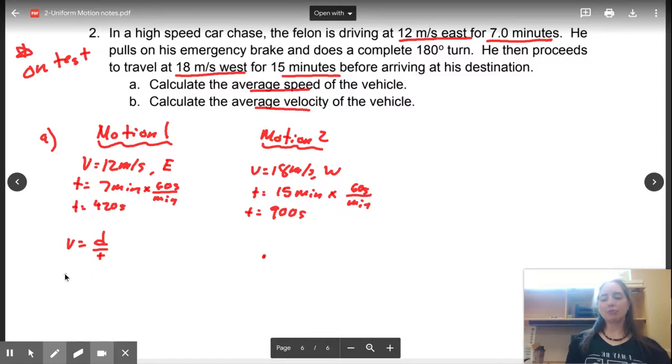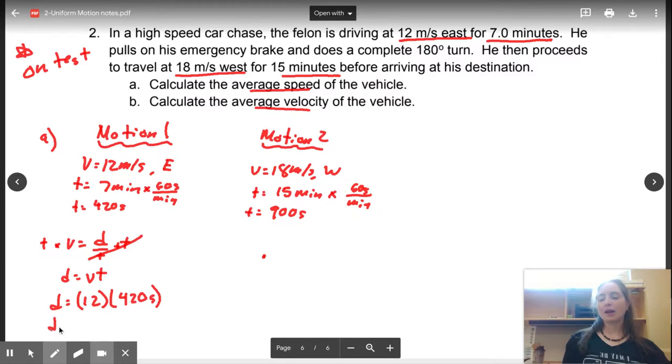I multiply both sides by t. So when I multiply by t over here, that cancels. Multiply by t over there. Okay? So then I'm going to get the speed of 12 meters per second, and I multiply that by the time, 420 seconds.